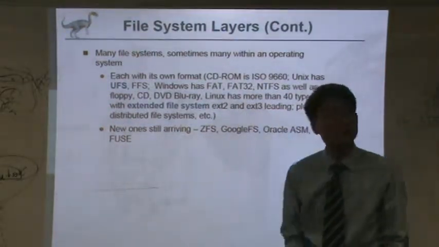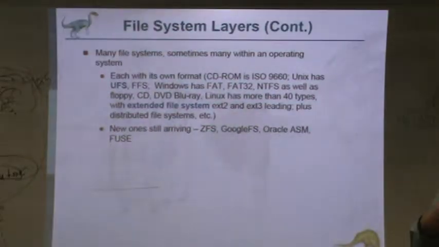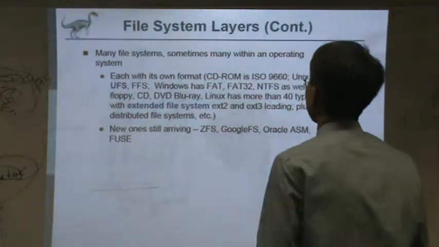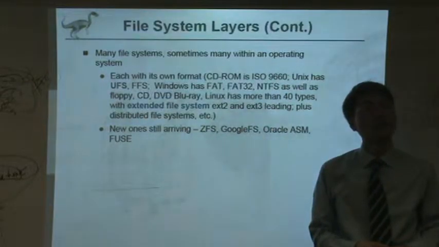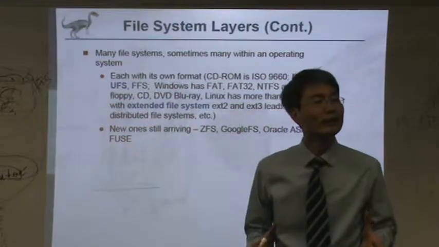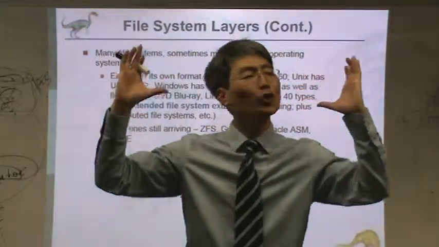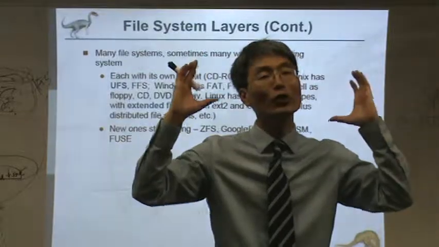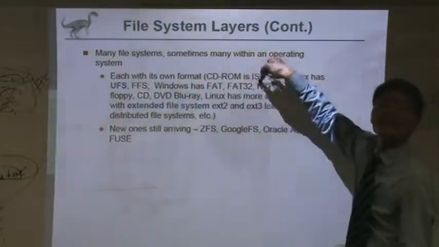So there are so many file systems, but how does the operating system know each and every one? The operating system provides a kind of virtual layer, the virtual file system. That virtual file system knows the operations of each file system.